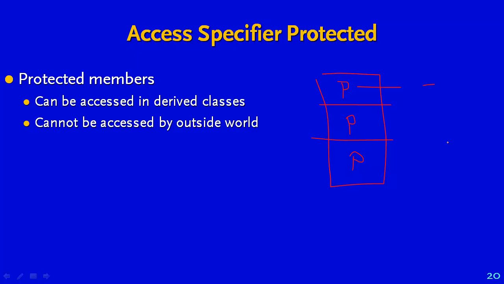In the diagrams, you see the classes. Protected is a hash, like you saw in the preprocessor, and the public is a plus. It's open to everybody. So here's private, here's public.